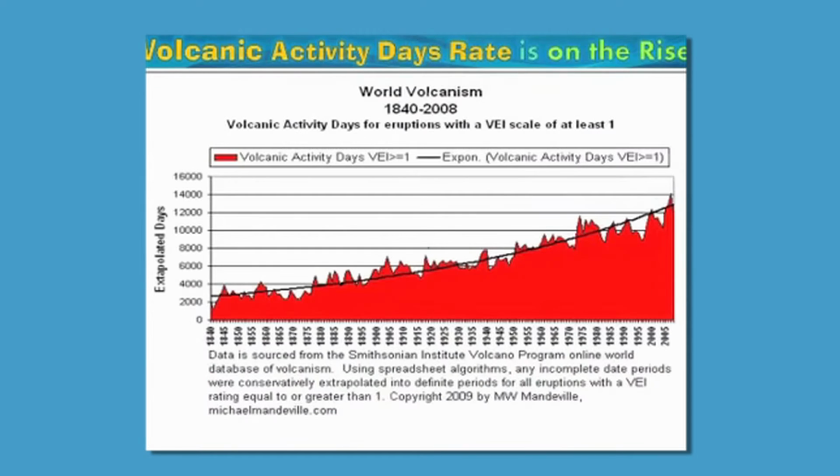And we also find, as well, and it shouldn't be a big surprise to us at this point, our polynomial trend line is in place. Our volcanic activity days are also on the rise. In this particular graphic from a period between 1840 and 2005, you can see the familiar polynomial trend line in place again.